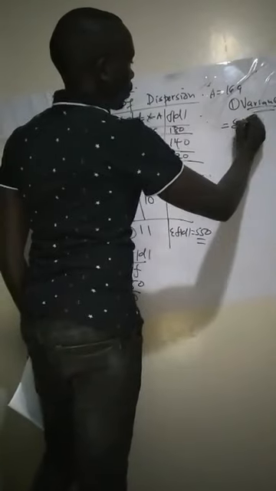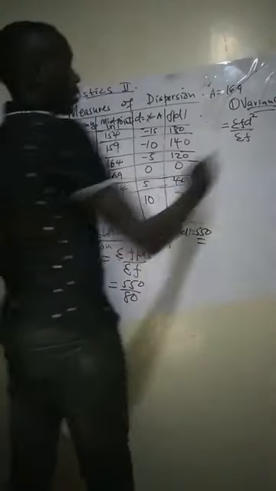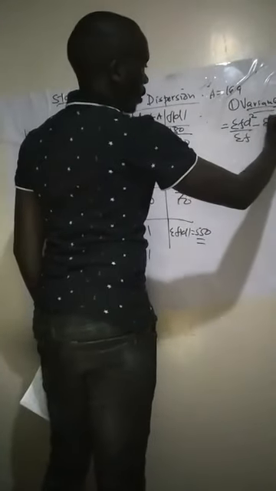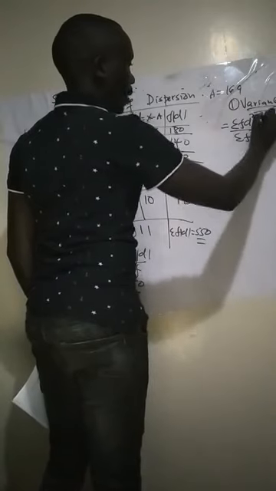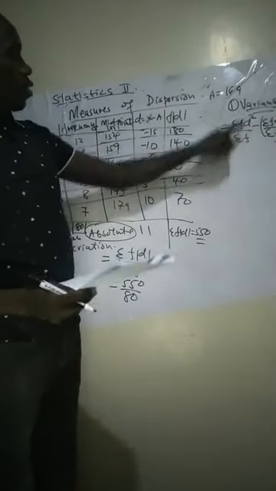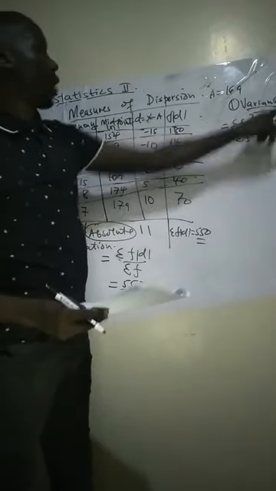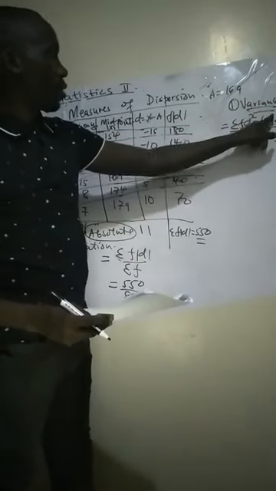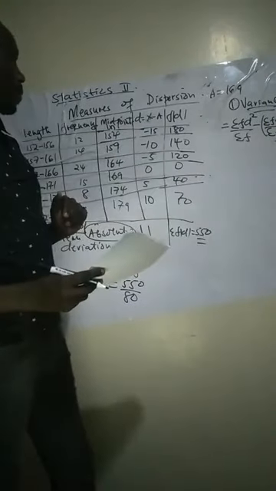The formula for getting variance is the summation of FD squared over the summation of F, minus the summation of FD over the summation of F. You close the brackets, you square all of it.